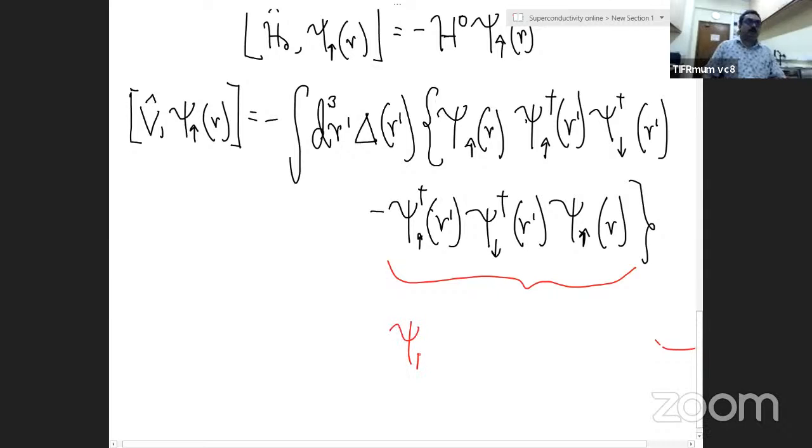So I will get psi up R1, psi up R, and psi down R1 dagger.